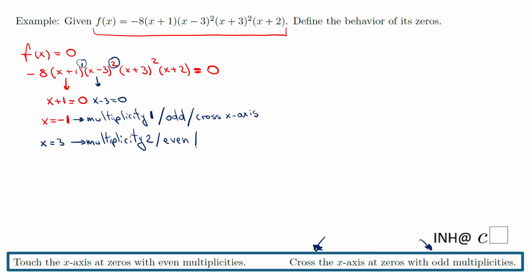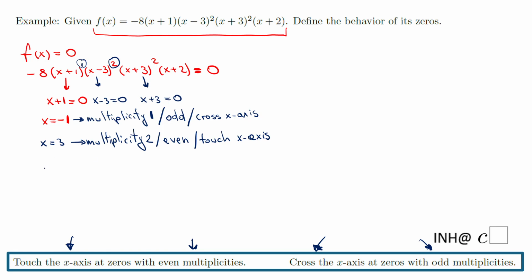And what happens when you have a zero that has an even multiplicity? In that situation, the graph will touch the x-axis. And these are the two behaviors you can have, either crossing or touching. But now let's go to the next one, which is x plus 3 equals 0.